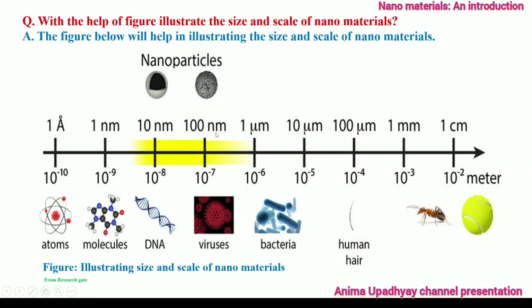So we have already learned that nanomaterials fall under the 100 nanometer scale. Anything which is more than 100 nanometers does not fall in the nanometer scale and cannot be a nanomaterial.